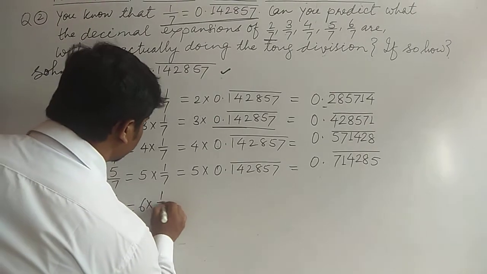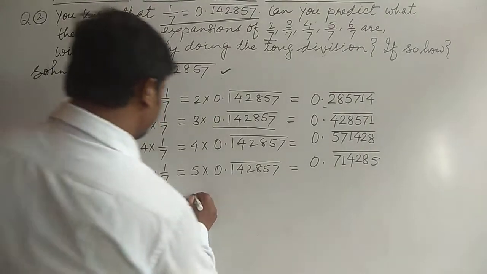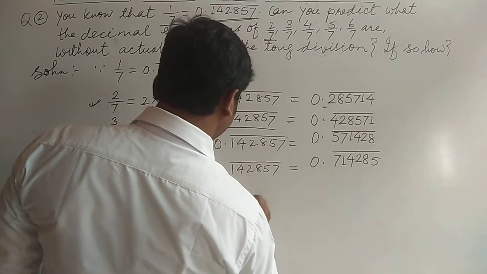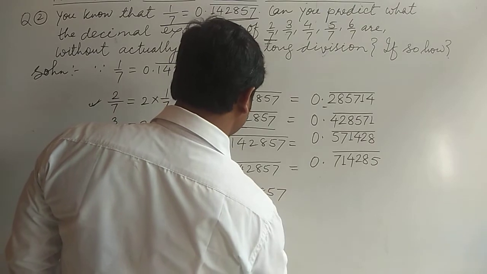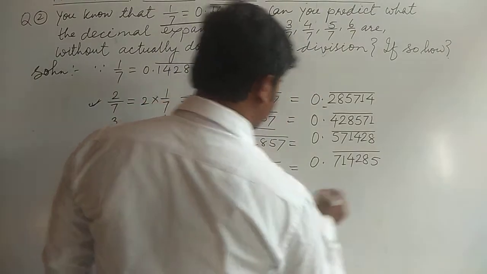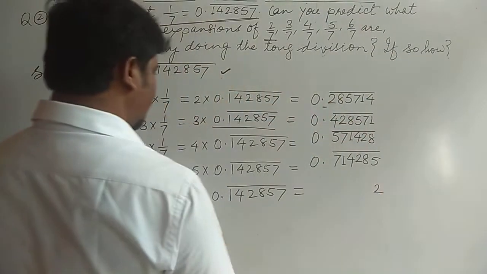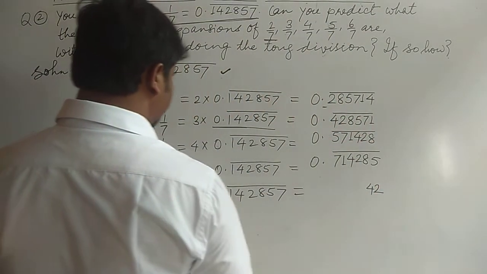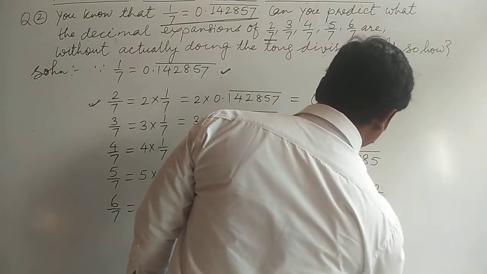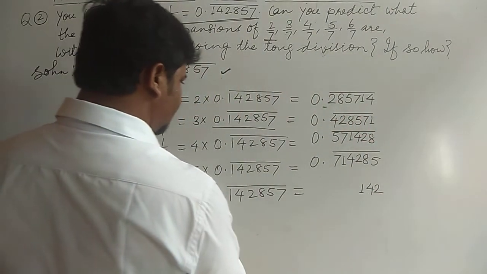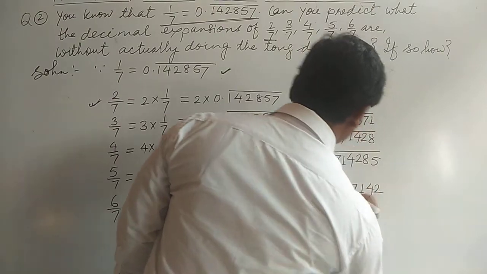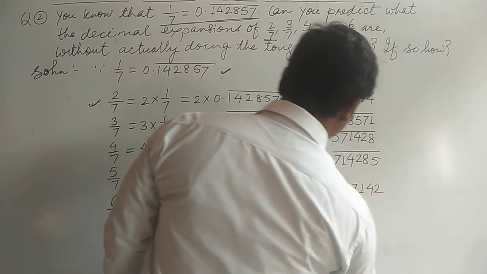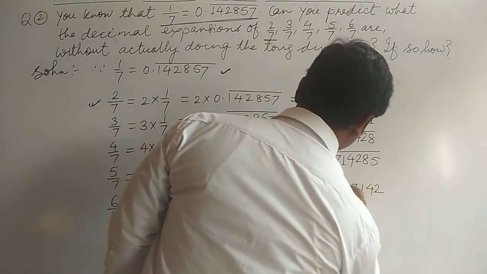6 into 1 by 7, 6 into 0.142857. Then what will be? 6 times 7 is 42, 4 carry, 6 times 5 is 30 and 4 is 34, 3 carry, 8 times 6 is 48 and 3 is 51, 5 carry, 6 times 2 is 12, 5 is 17, 1 carry, 6 times 4 is 24 and 1 is 25, 2 carry, 6 times 1 is 6 and 2 is 8.